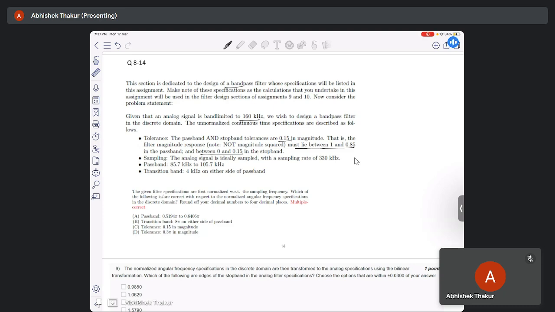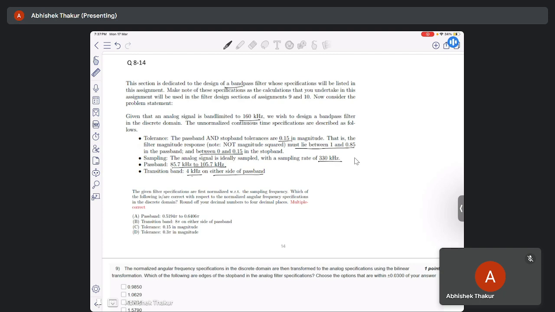The analog signal is ideally sampled with a sampling rate of 330 kilohertz, and the pass band is from this to this, and the transition band is 4 kilohertz on either side of the pass band. So the first question is: the given filter specifications are first normalized with respect to the sampling frequency.